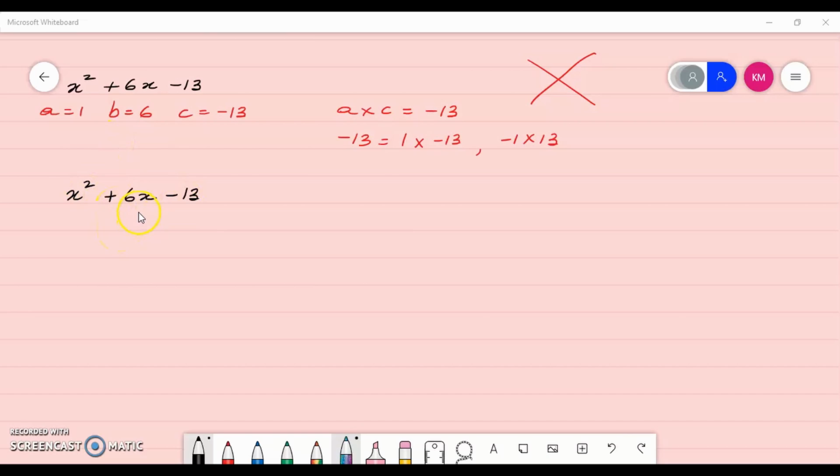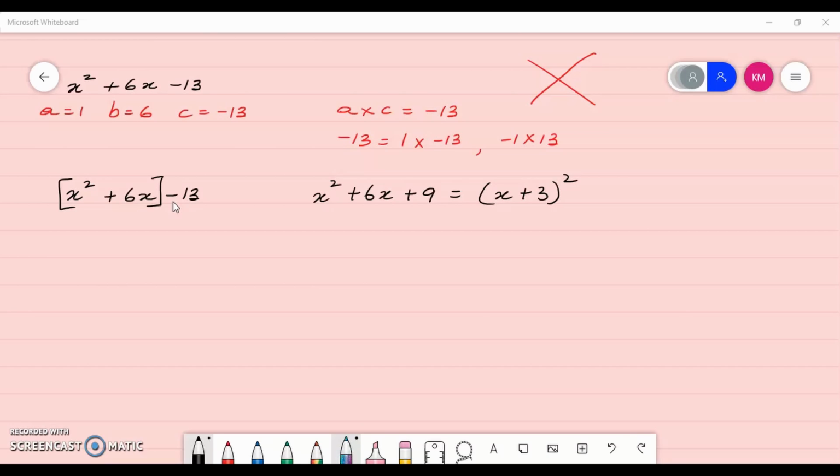Now, the aim is to form a perfect square somewhere along the line. So let's examine x squared plus 6x take away 13. This part looks familiar. Remember when we had x squared plus 6x plus 9, this could have been written as x plus 3 squared.